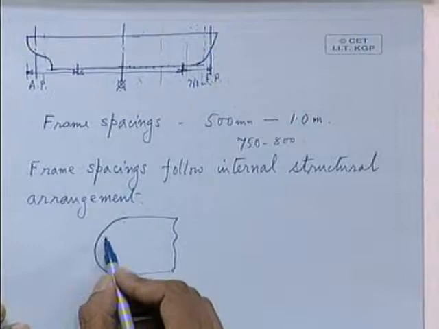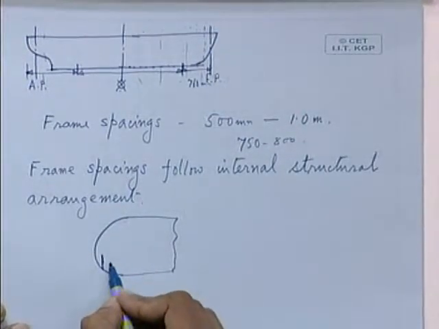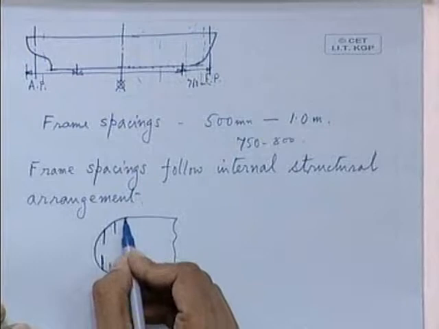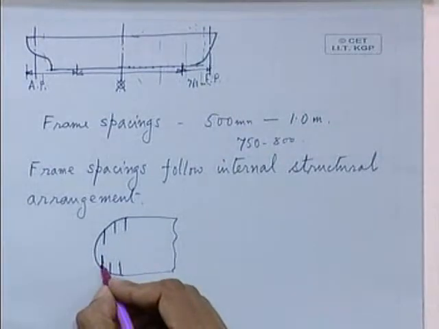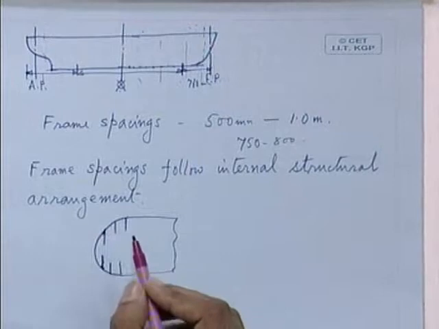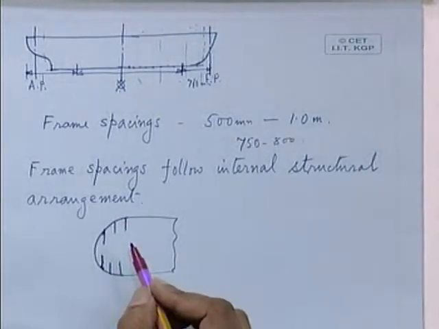Now, here it is difficult to have a frame which is vertical like this. Why? Because you cannot weld or join properly, especially in this region. Welding is going to be very difficult. You cannot put the welding rod, there will be difficulty in closing this stern structure.